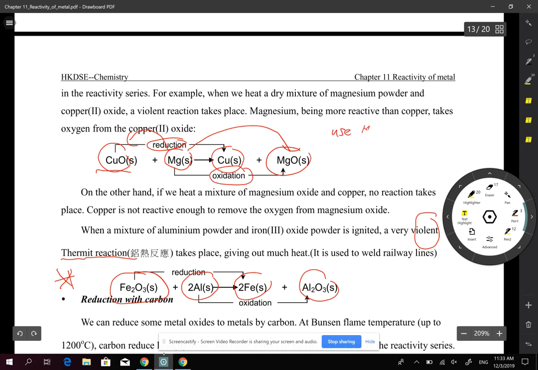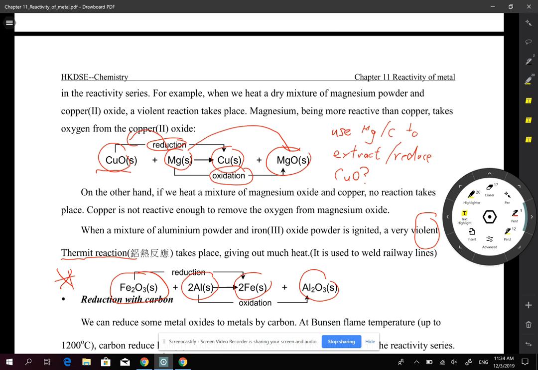But of course, if you can choose, will you use Mg or carbon to extract or reduce CuO? Which one will you choose?